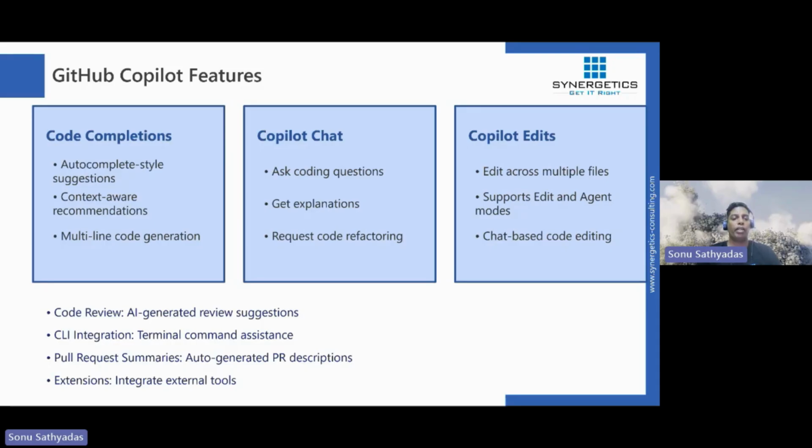It provides all the recommendations in the code file. In Copilot chat, we asked it to explain the code. We asked the Copilot chat to make some changes, that is refactoring the code. And using the agent mode, we updated the files directly inside our project.